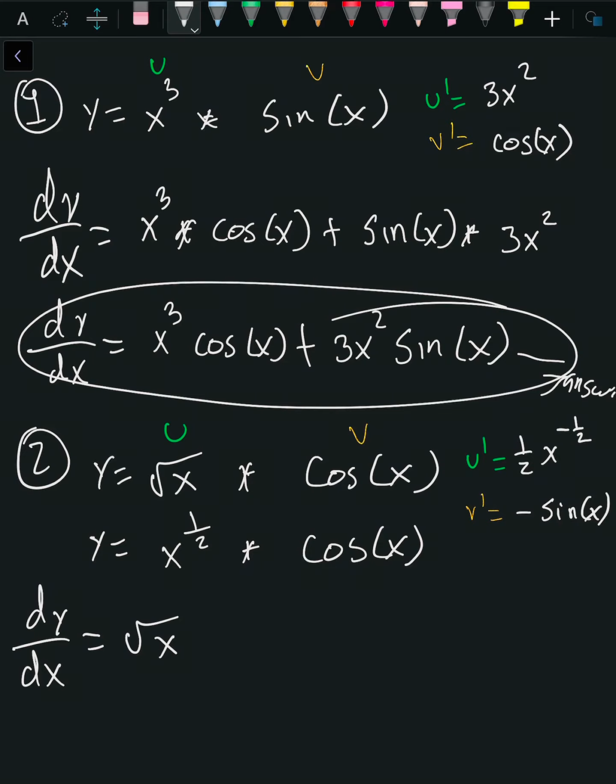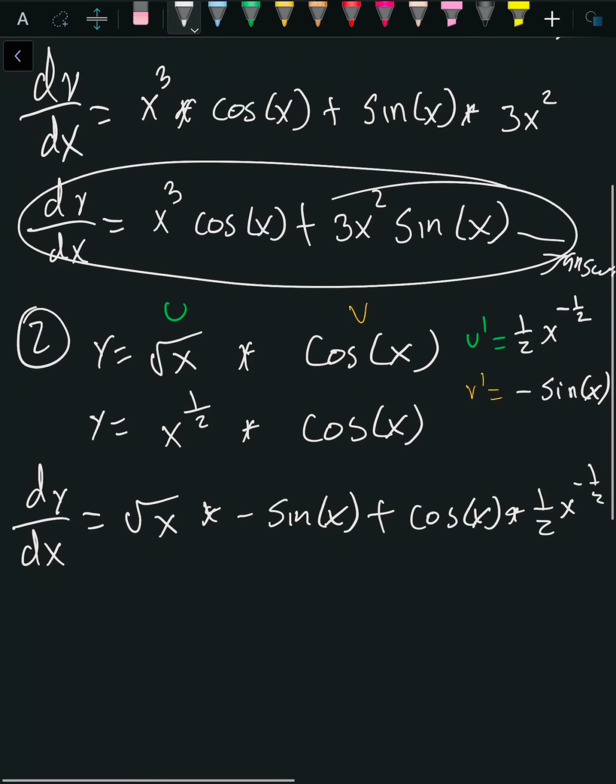I'm going to use this way, but if you want to use this, like I said, you can actually do it. So times the derivative of our second term, which is negative sine of x, plus our second term, which is cosine of x, times the derivative of our first term, which is this.